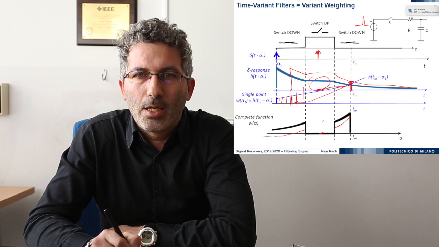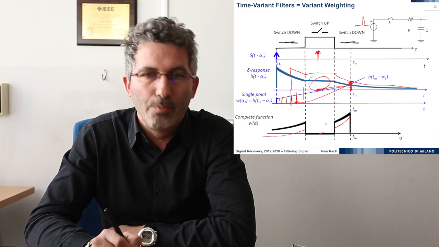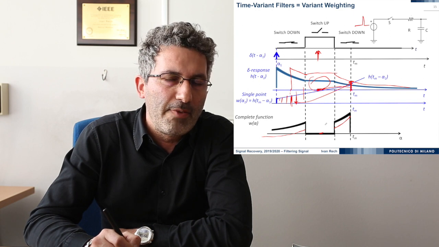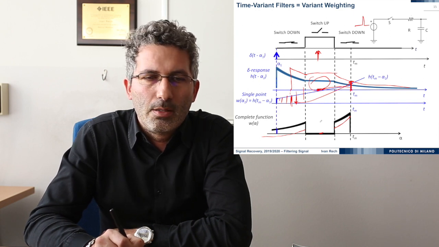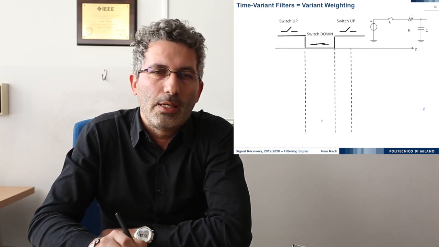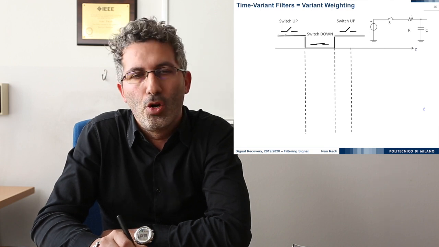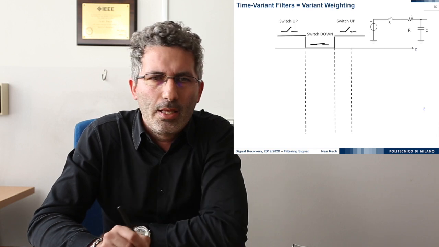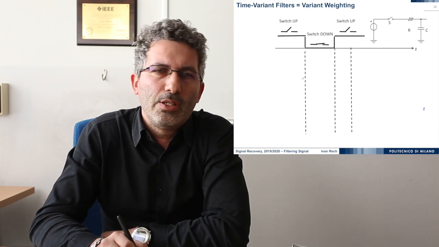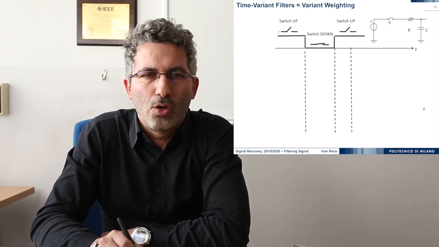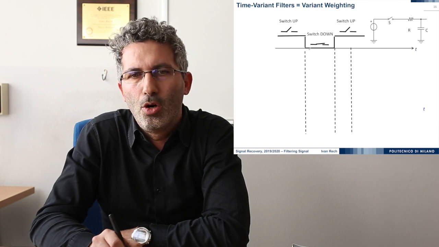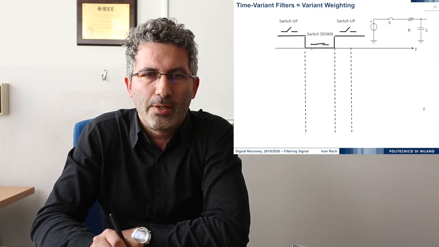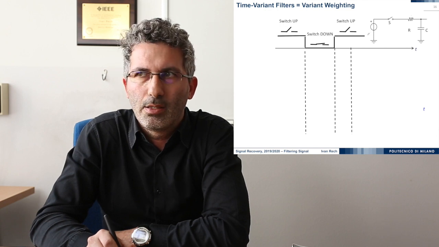Okay, let's try to compute another time variant filter. Instead of having a switch that is closed, open, closed, try to reverse the switch. So we take a switch that is open here, closed only during this period, and open here.